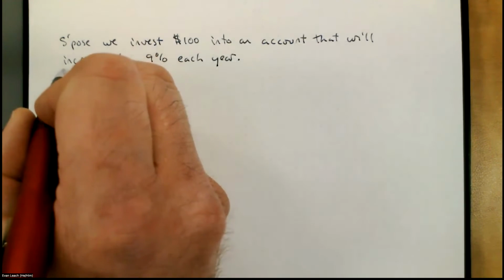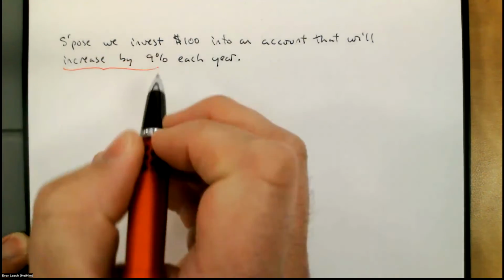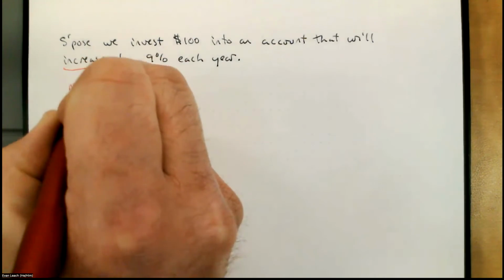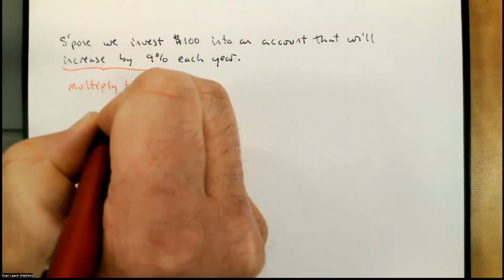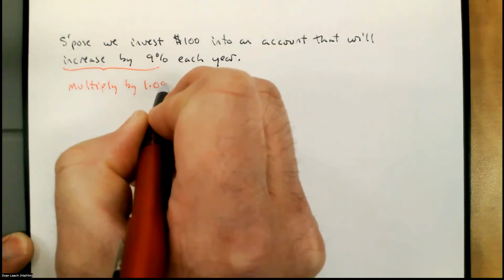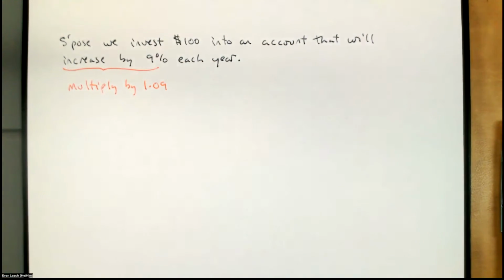If we increase by 9%, that means we're going to multiply by 1.09 each year. One, because you get to keep the money that you put in. The 0.09 is the extra 9% that we added to the 100% that we put in.